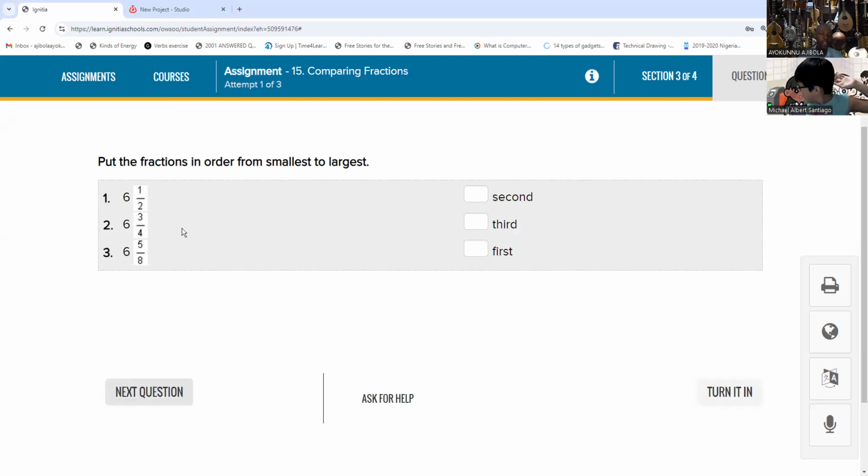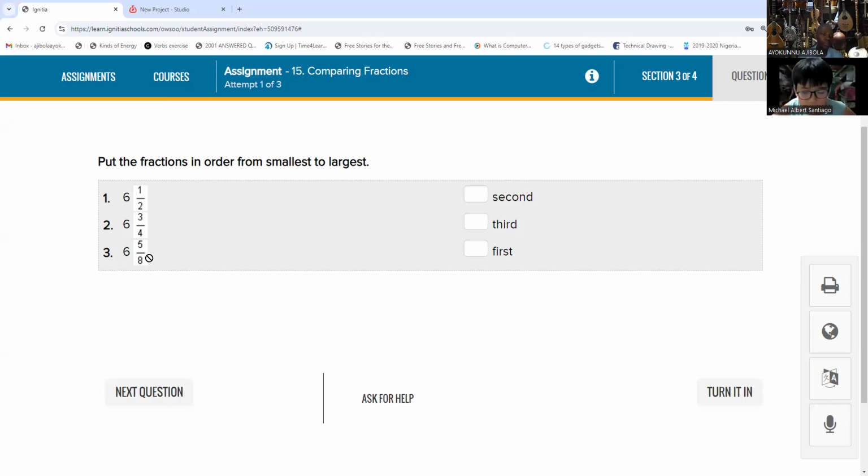So we want to arrange this from the smallest to the biggest. They are all 8s, so we have 5/8, 3/4, and 1/2. So let's check it out. The LCM of these three numbers at the bottom is 24. How many 8s in 24? That's 3. 3 times 5 is 15 for the third one. Then 4 in 24 is 6, 6 times 3 is 18 for the middle one. While 2 in 24 is 12, 12 times 1 is 12.